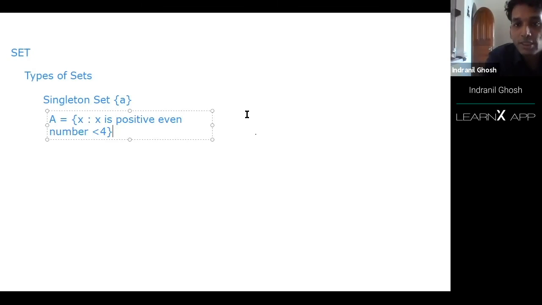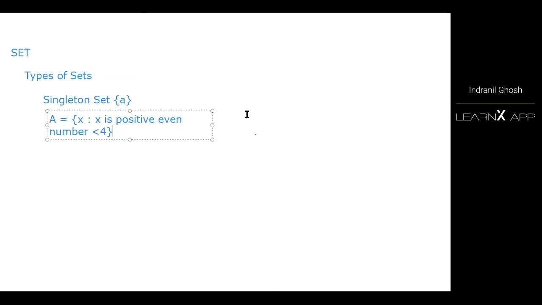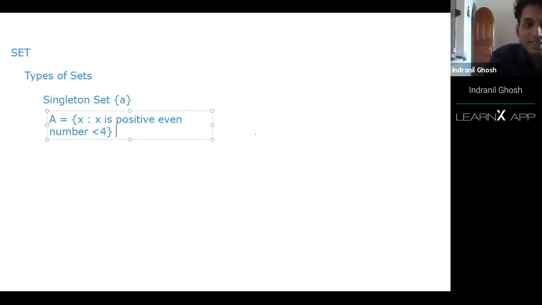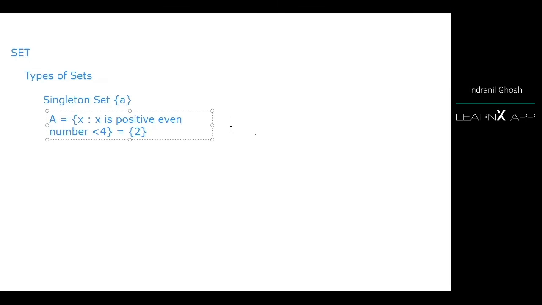Now, how many positive even numbers do we have which are less than 4? Only one number, that is 2. So in this case, this set should be a singleton set having the element 2. Any question? No, sir.